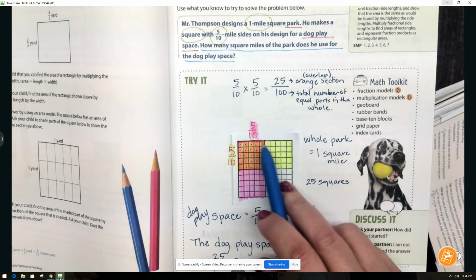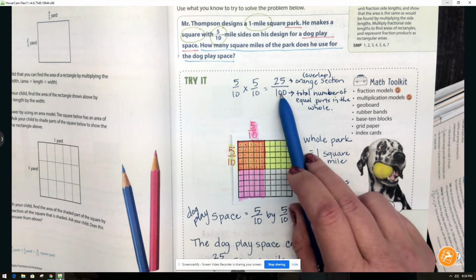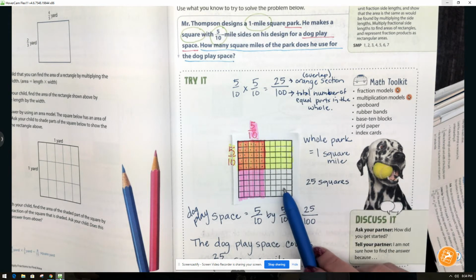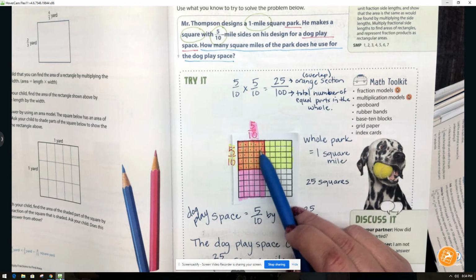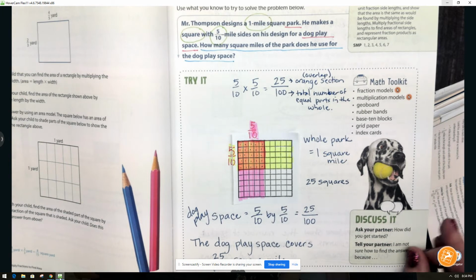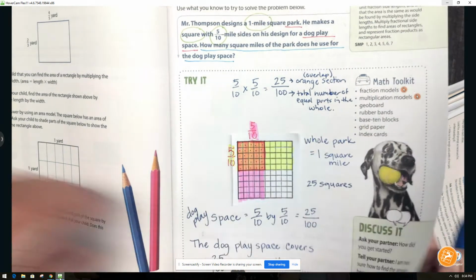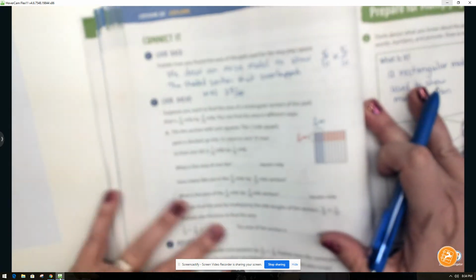We know that there are 100 of these tiny little boxes, and these are all equal parts. So there are 100 equal parts in this whole. And the overlap, in our case orange, is the numerator, which is 25. All right, now we can go back. Sometimes I have to go back and cover a little bit that I didn't cover before.